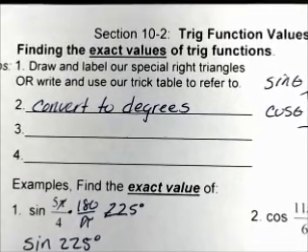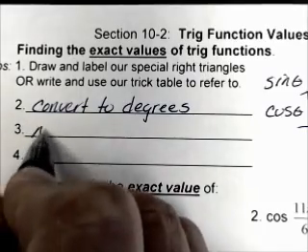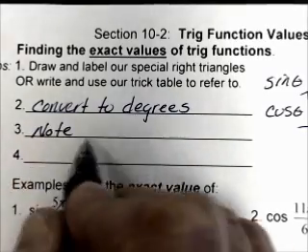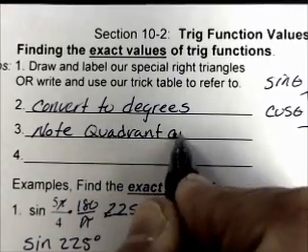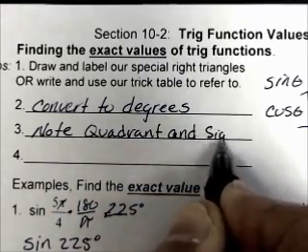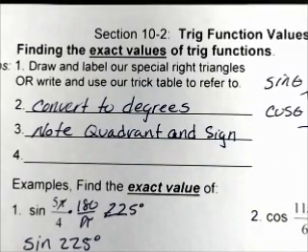Now, we'll note the quadrant and the sign. By sign, I mean SIGN, right? 225 degree angle. Its terminal side would be in quadrant 3, right?